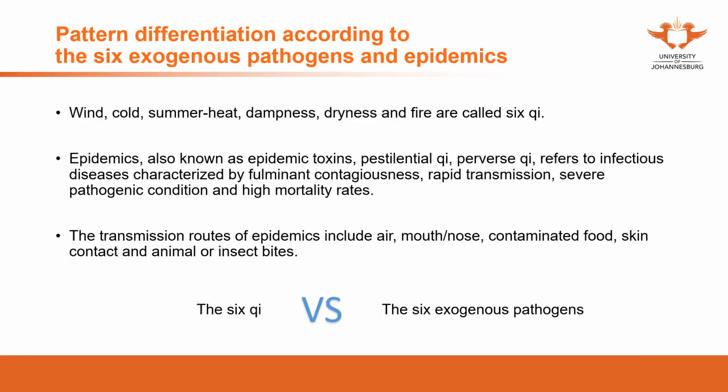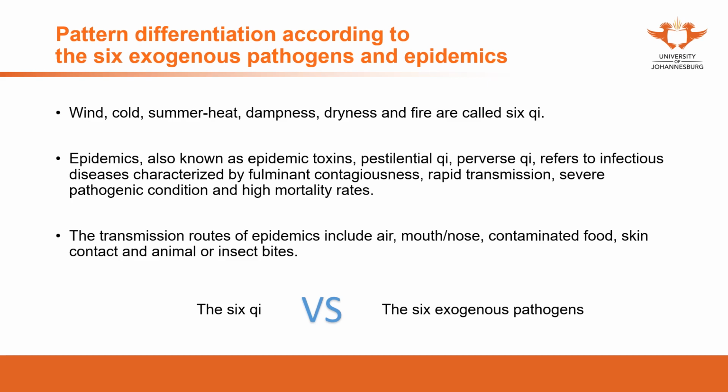So firstly, what are the 6 exogenous pathogens? The wind, the cold, the summer heat, dampness, dryness, and fire are called the 6 qi. And the pathogen qi, or epidemics that have contagious ability and rapid transmission, is called the pathogen qi.